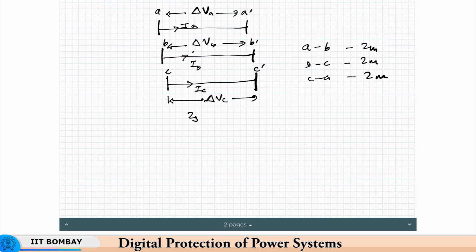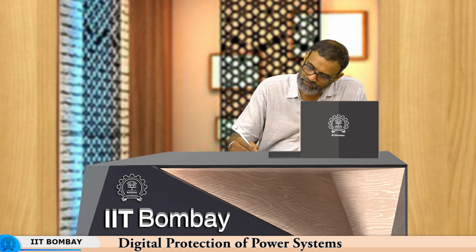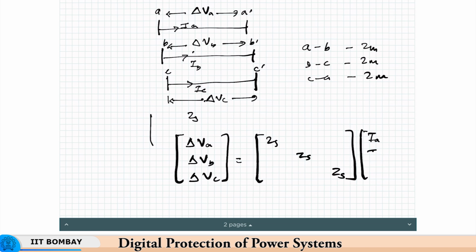So now if we write this in terms of the phase domain, it will look like delta VA, delta VB, delta VC is equal to the matrix with ZS on the diagonal times IA, IB, IC, and the off diagonal elements are the ZMs, which are the mutual impedances.